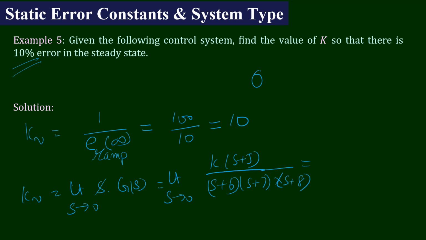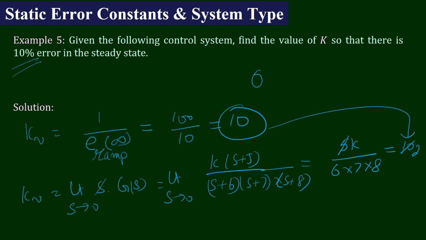When s tends to 0, you will get 5k upon 6 multiplied by 7 multiplied by 8, and this whole thing is equal to 10 because this is kV. So I write here 10. Here you will get 2. So k will be equal to 2 multiplied by 6 multiplied by 7 and multiplied by 8. Then you can use your calculator to find out the number.